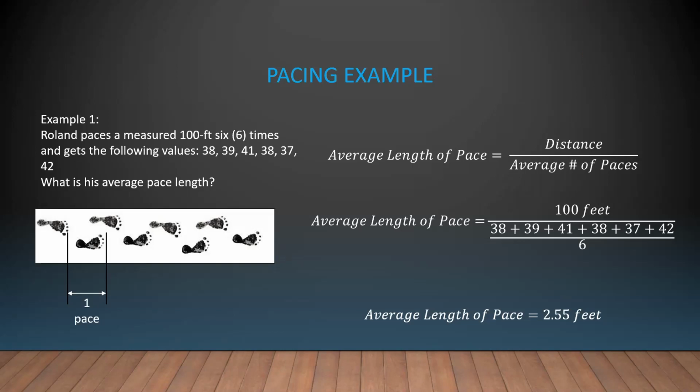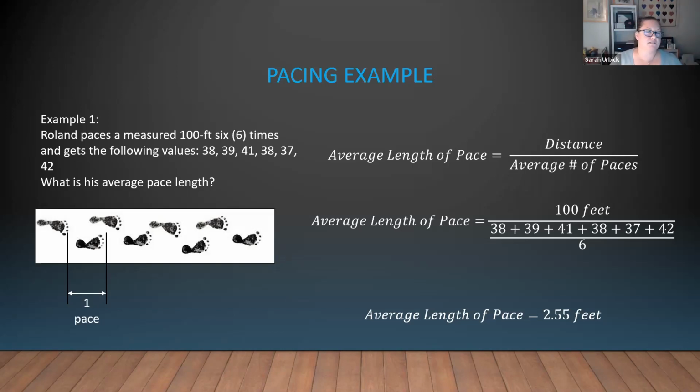We want decimals, not fractions. Whatever 100 divided by 39.17 is, which is apparently 2.55. So I got about roughly 2.5 feet. Right. Roughly.